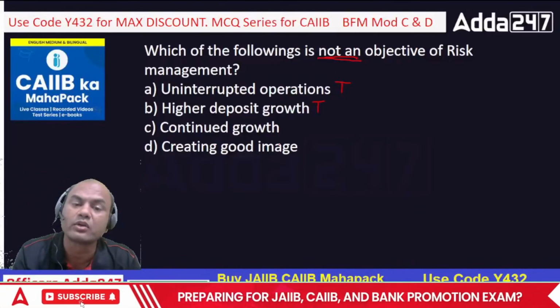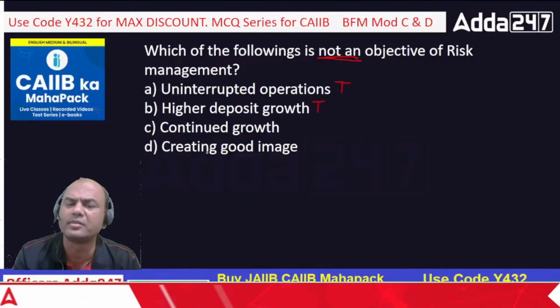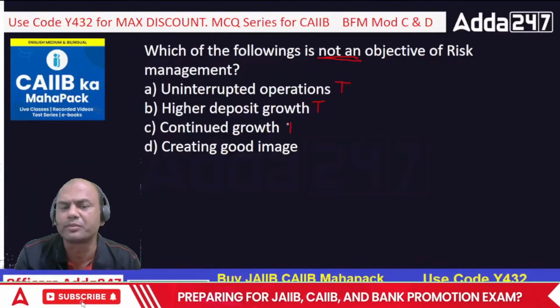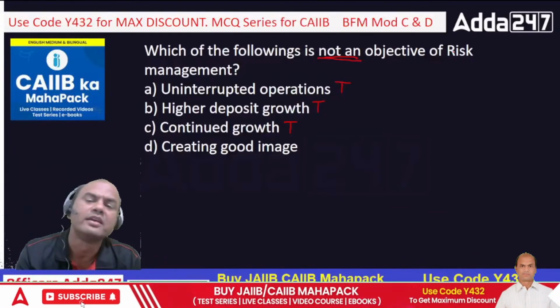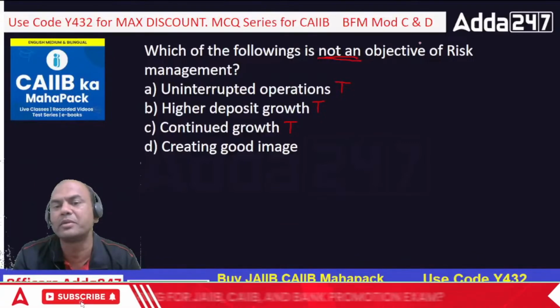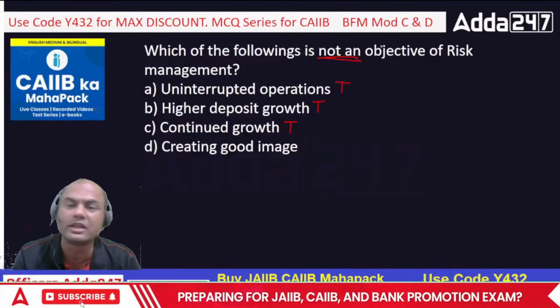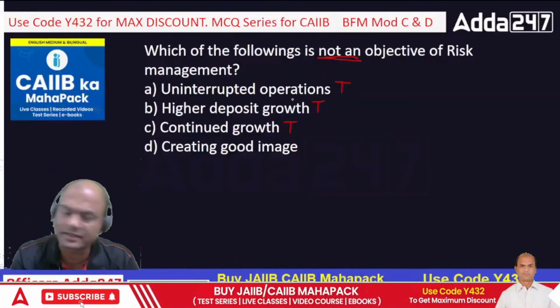Creating good image, can this be an option? In fact, continuous growth can also be considered an objective, because if I am able to manage my risk properly, only then will I be able to grow properly.